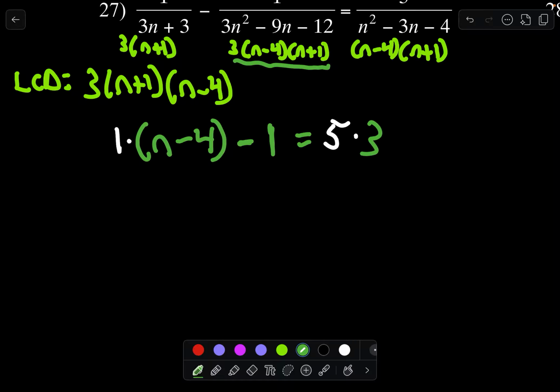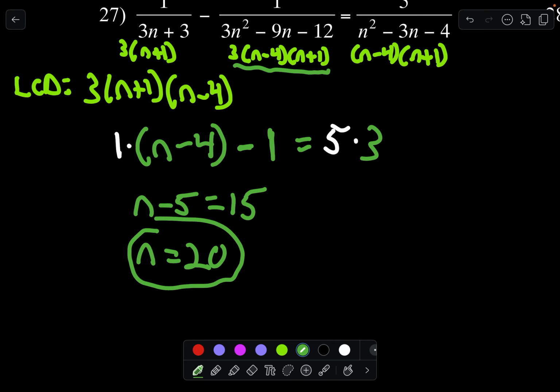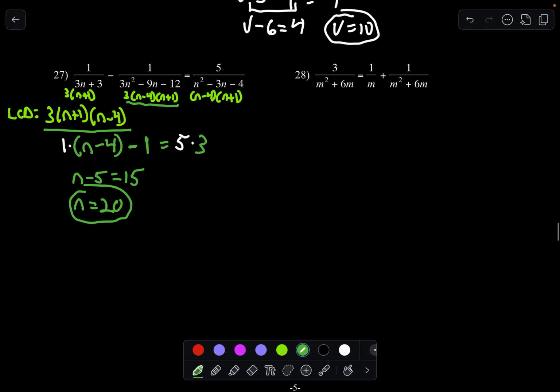Minus 1 is n minus 5 equals 15, 5 times 3. Add 5, n equals 20. The last thing we should do is check to make sure that 20 does not make our LCD equal to 0, and it doesn't, so n equals 20 is the solution.